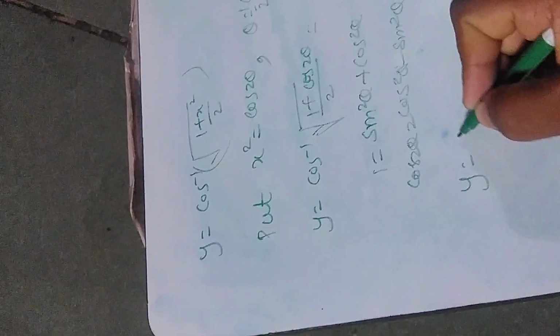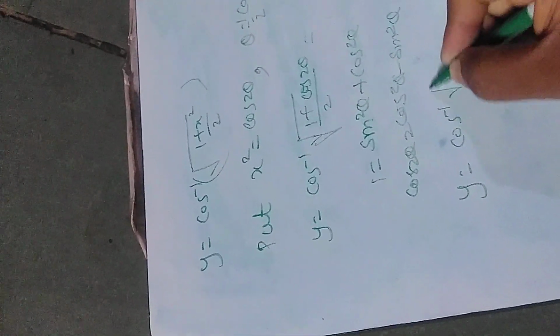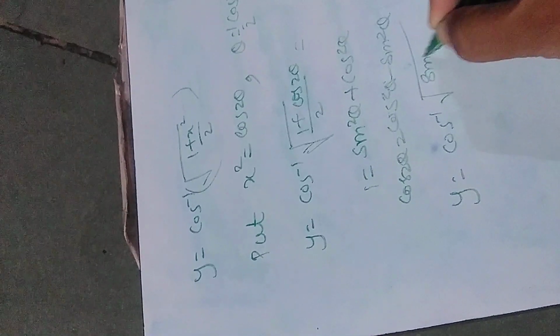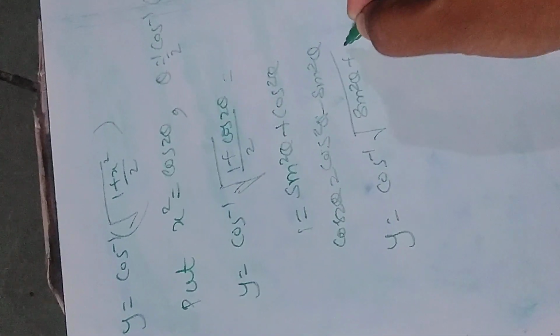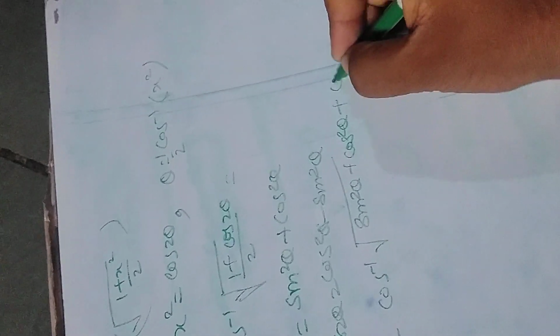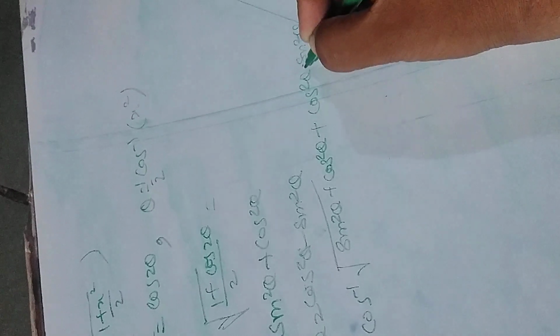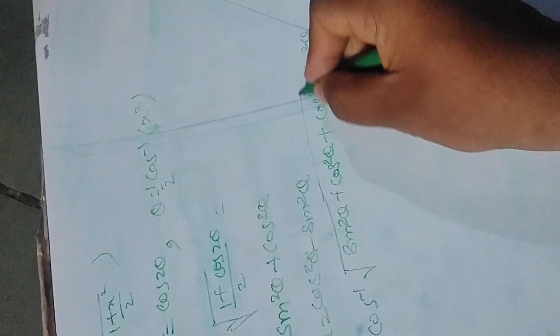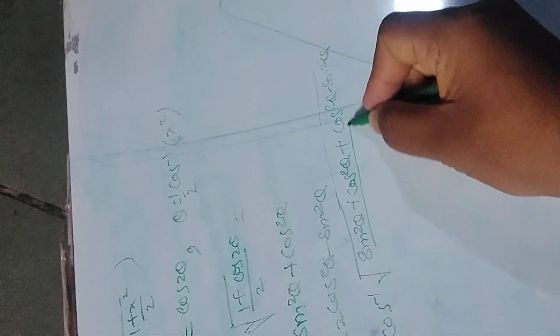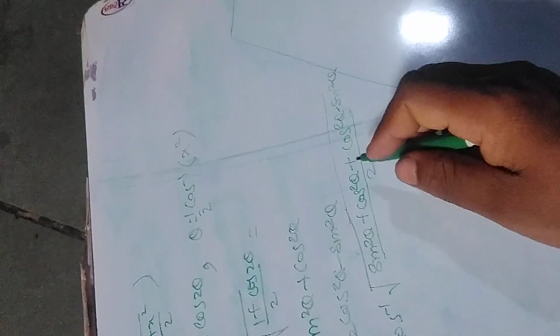So it can be written as y is equal to cos inverse of under root of (sin square theta plus cos square theta plus cos square theta minus sin square theta) divided by 2. So sin square theta will get cancelled.